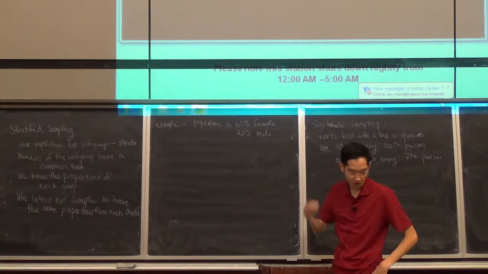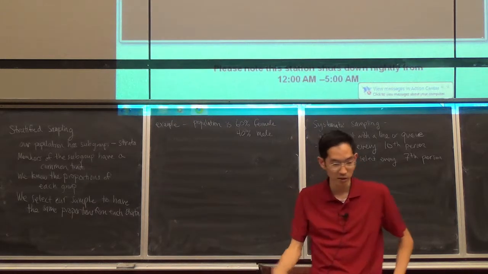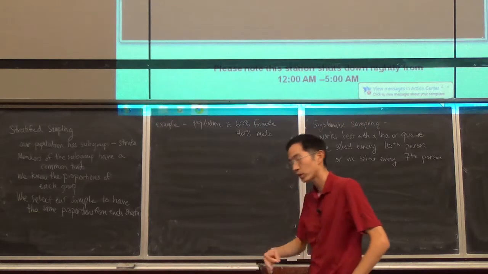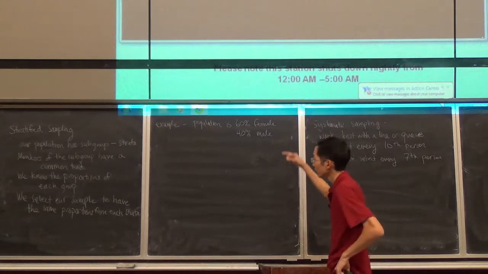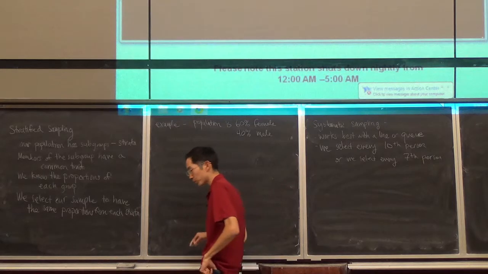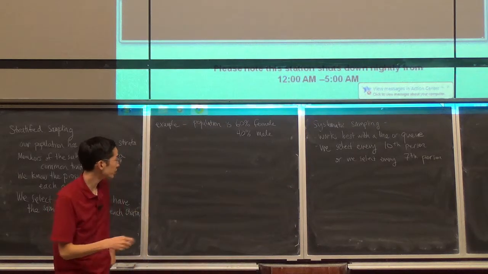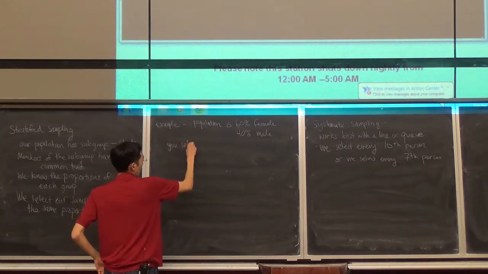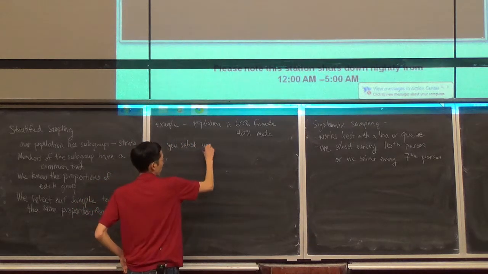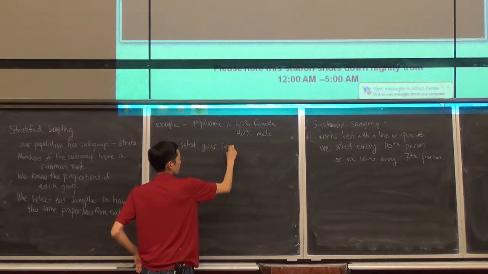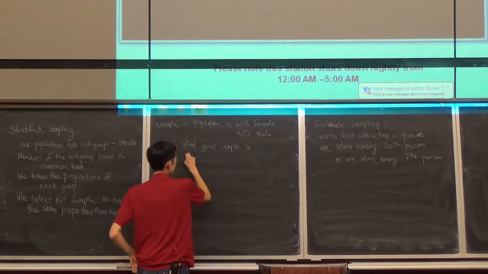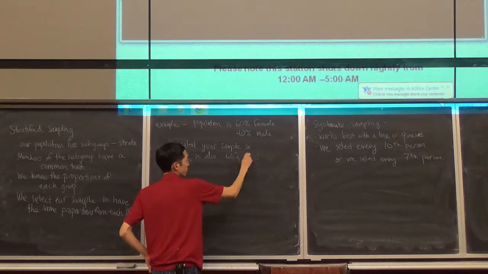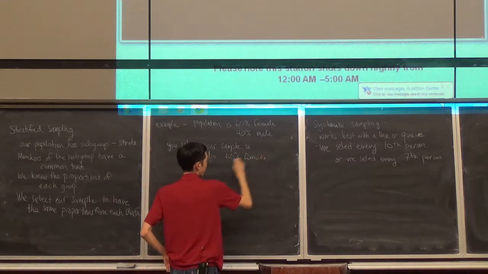You can create strata based on ethnicity, you can create strata based on age group, whatever you want. The idea being you know certain proportions in the population, and so you select your sample so it is also 60% female and 40% male.